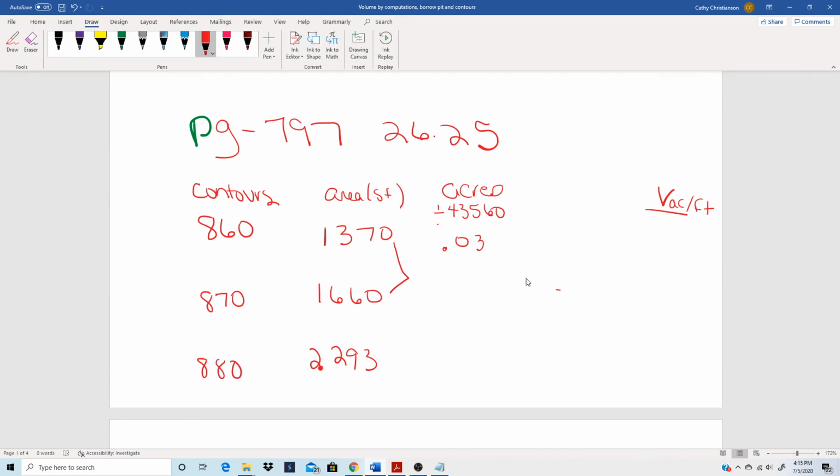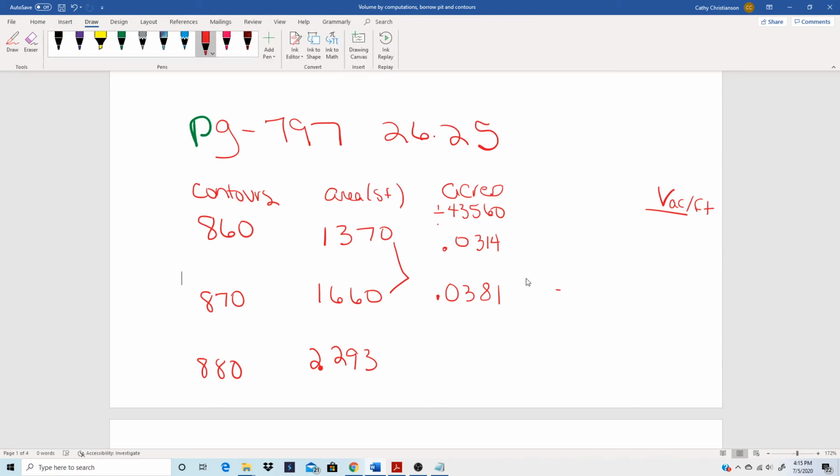Well, actually they did do it, and there's a couple of ways you can do this. That would be acres. And then 1660 divided by 43,560. That would give me 0.0381.